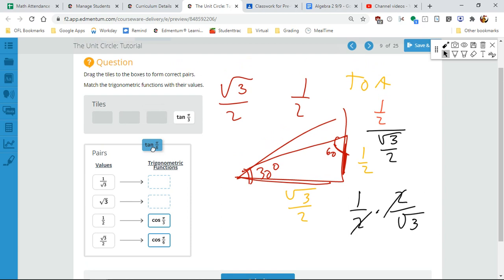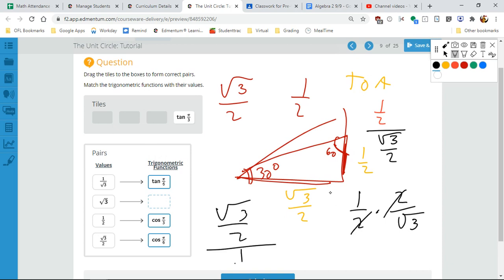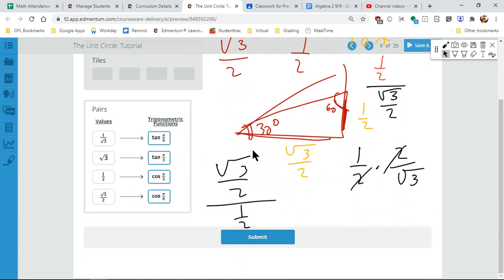So 30 degrees is this. So we're going to put that here. And 60 degrees is the opposite. It's going to be the square root of 3 over 2 divided by 1/2, which is the same thing as, once we flip it over, square root of 3. Does that make sense, guys?